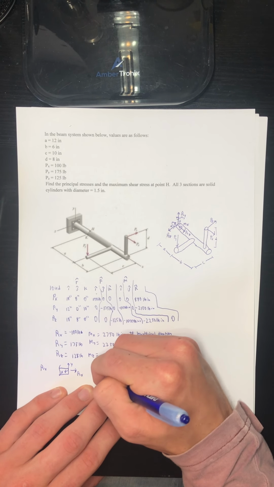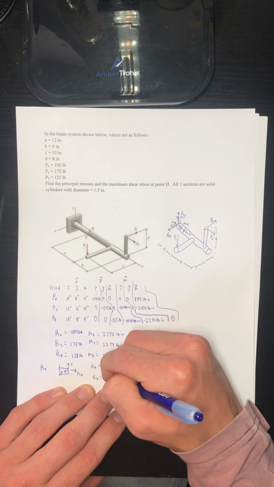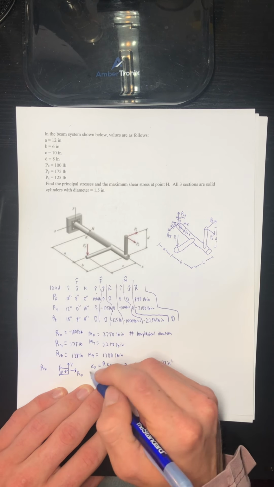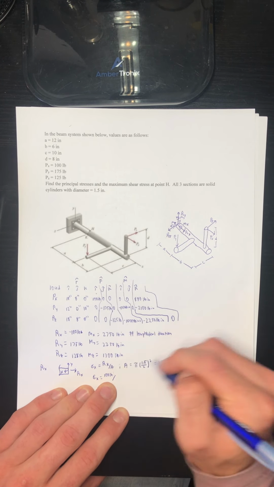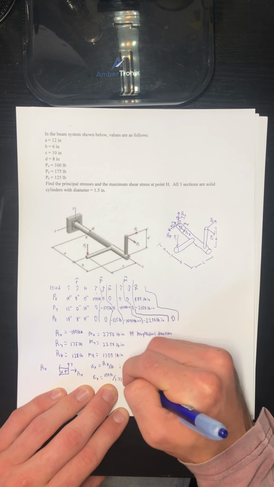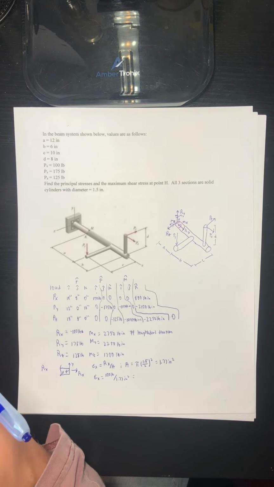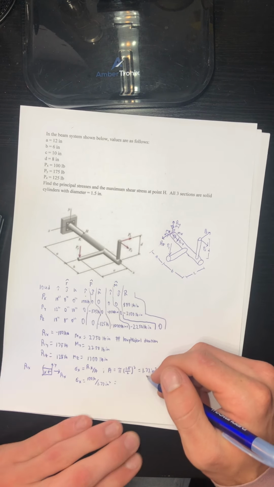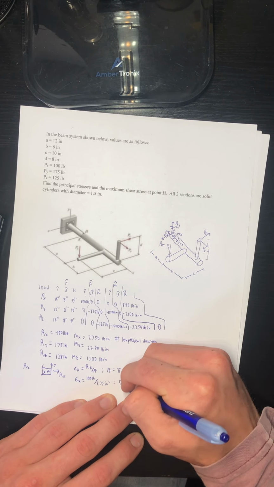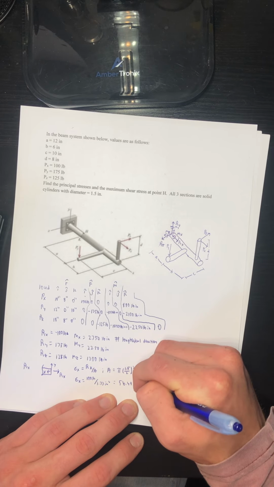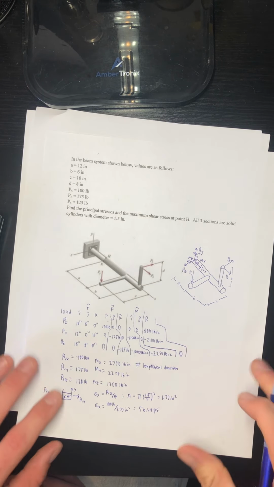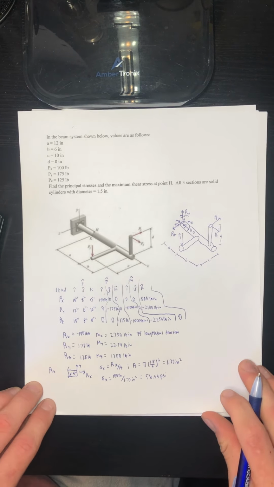So our sigma X will be equal to 100 pounds, that's positive because it's acting in tension, divided by 1.77 inches squared, which gives us 56.49 pounds per square inch, PSI.